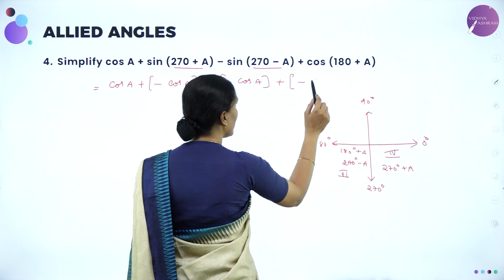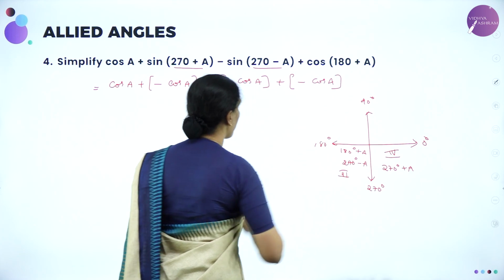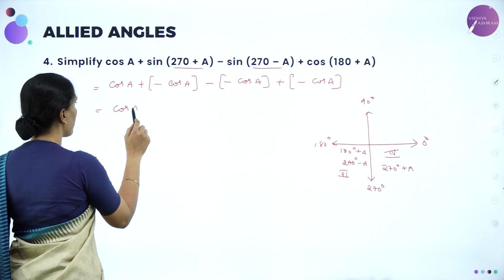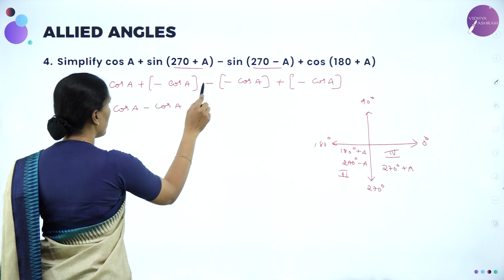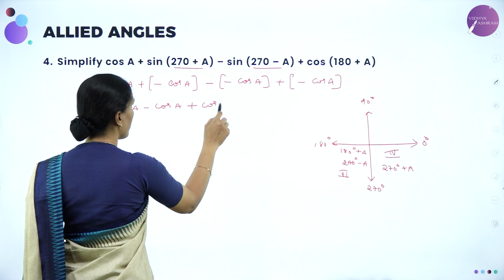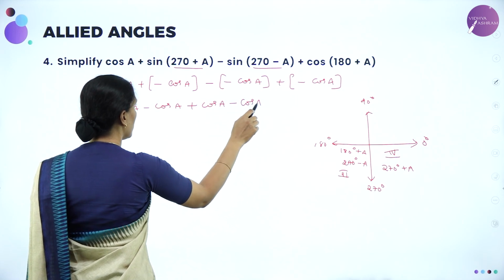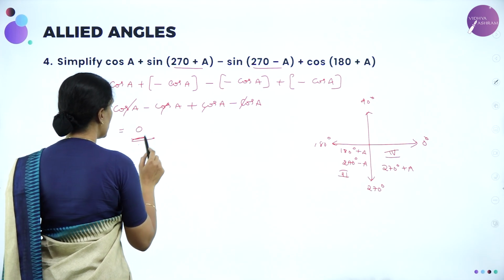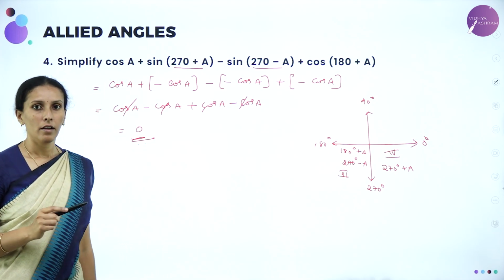So this is minus cos A. Now observe: we have cos A minus cos A, minus into minus plus cos A, minus cos A. So all of them cancel, and the value is equal to 0. Next question.